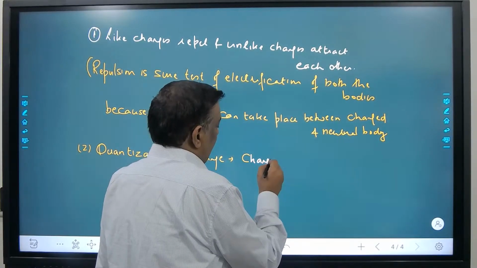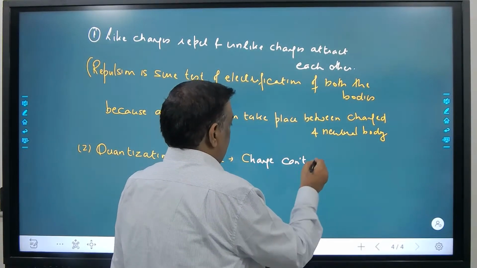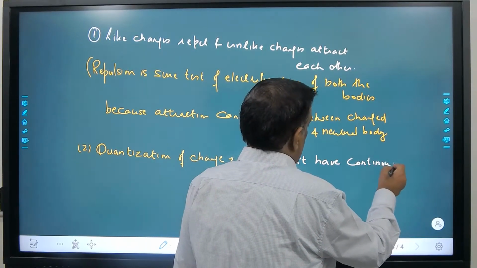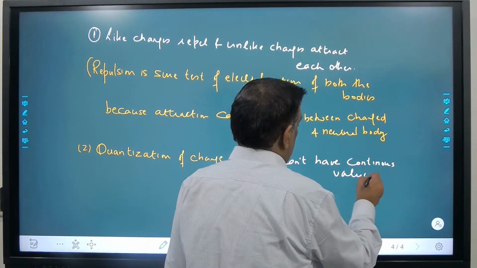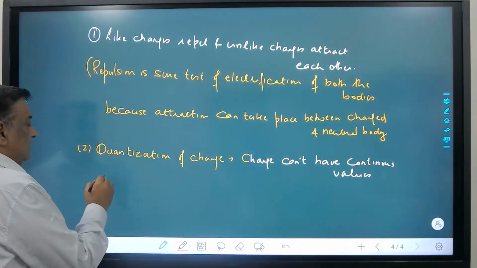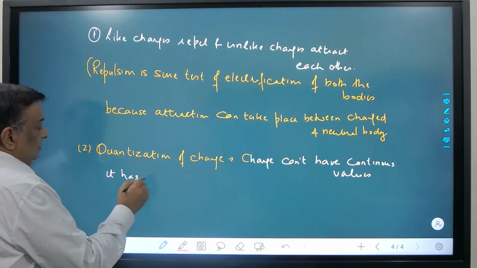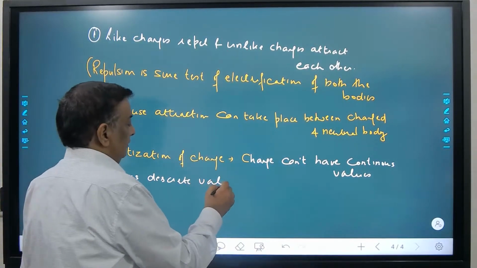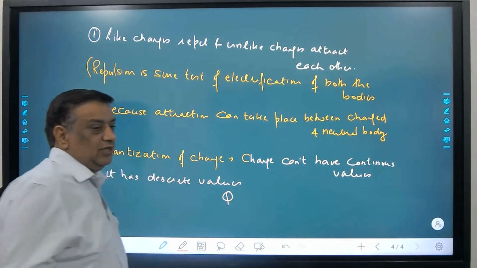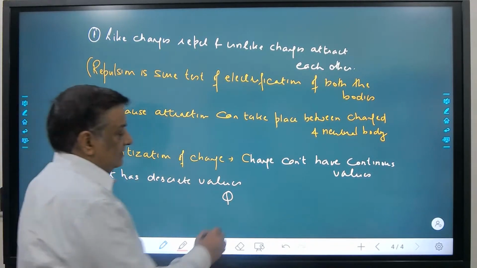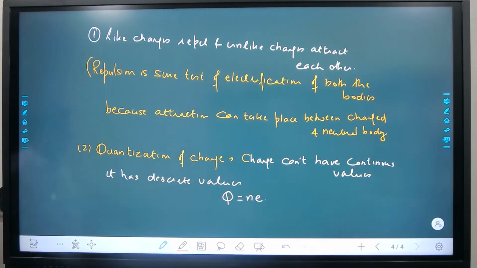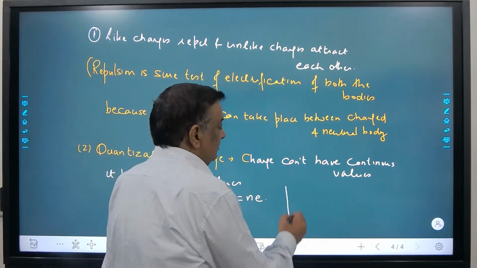A charge cannot have continuous values. It has discrete values. We say charge on any body is always an integral multiple of certain minimum value called quanta of charge. e is called the quanta.